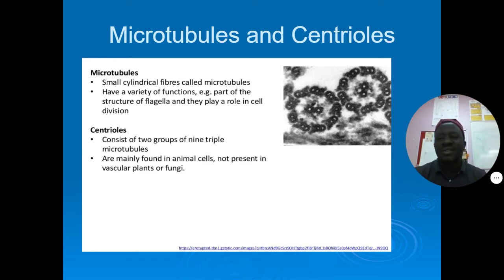Then when we talk about centrioles, they consist of two groups of 9 triplets of microtubules. They are mainly found in animal cells, not present in vascular plants or fungi. You remember when I said the flagella of a prokaryotic cell and the eukaryotic cells are different. I want you to look at this.